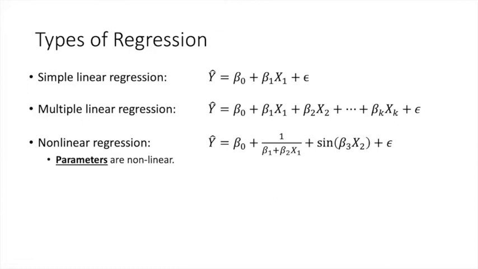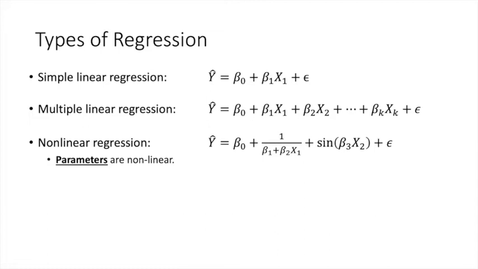For example, here beta 1 and beta 2 are in the denominator, so their exponents cannot be 1, they're negative. Likewise, beta 3 is enclosed inside a sine function, so its exponent is also not 1. Therefore, finding the best values of these parameters to fit some data will involve some nonlinear operations. Hence, it is called nonlinear regression.